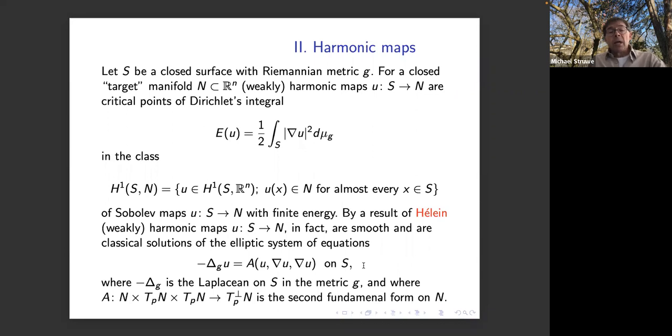This vector should be always orthogonal to the tangent space of the target manifold.